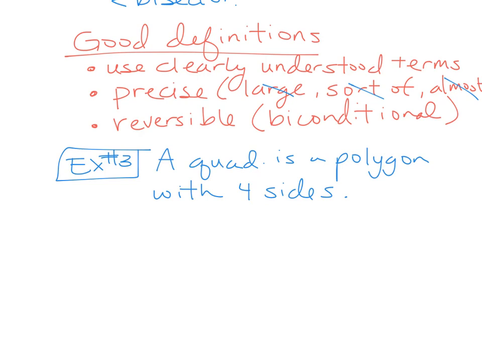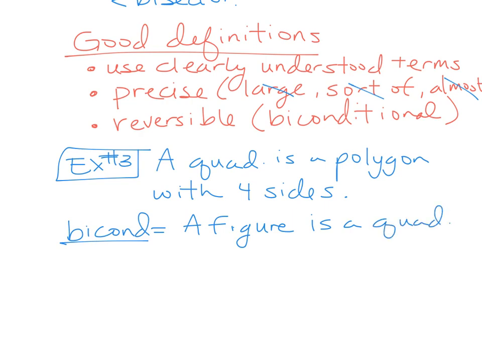So your biconditional, what you would write from that would be something along these lines. A figure is a quadrilateral. And then what comes next in a biconditional? If and only if. IFF.